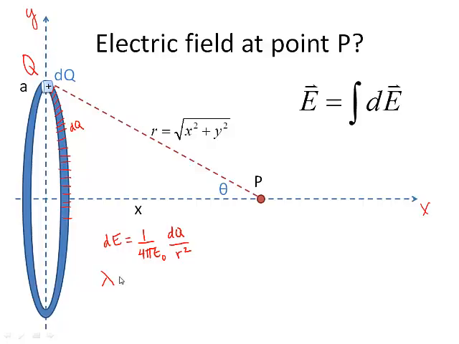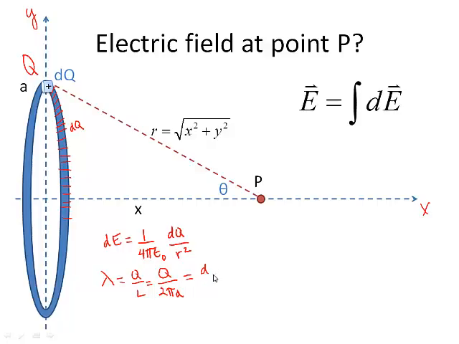The linear mass density would be m over L. But instead of using a linear mass density, we're going to find a linear charge density, which will be Q over length generally. For this particular situation, lambda is going to be equal to Q over the length of the ring, which will be 2 pi A.